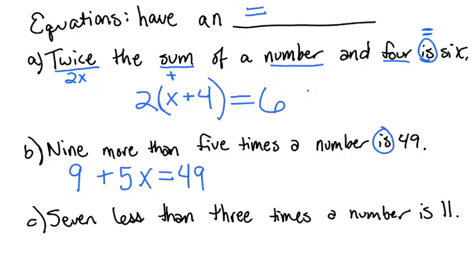And C, 7 less than 3 times a number is 11. So I want to do 7 less than this. That means I'm going to have to start with 3 times a number and then take 7 away. That way I end up with 7 less than 3 times the number, and it says that is 11.